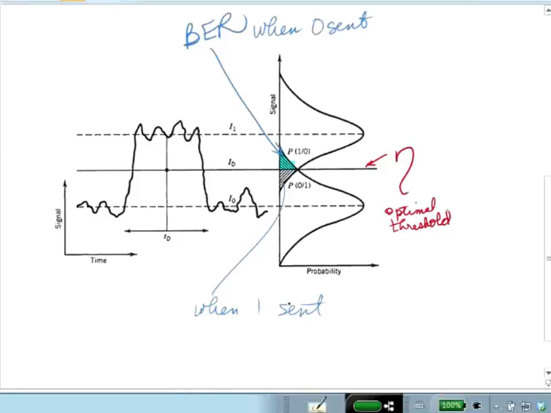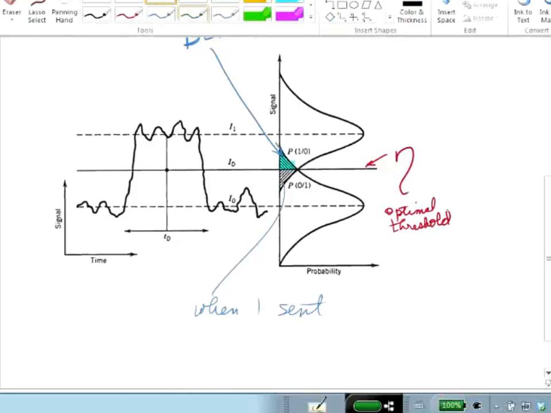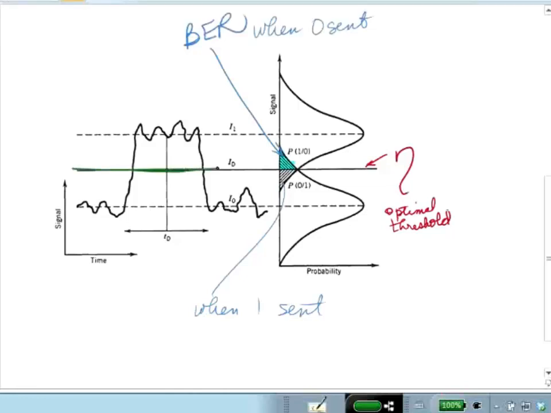And if I have the symmetry like I do in this case, when I have the same variance for both Gaussians, then the decision point, the optimal threshold, I would put at the midpoint, which is where the intersection occurs. So this threshold is what I use to determine whether I think a 0 or a 1 was transmitted. So we see now that the threshold is put in the middle of our timing diagram here to say if I have a sample here, it will be below the threshold, and when it's below the threshold, I will choose that a 0 was sent.